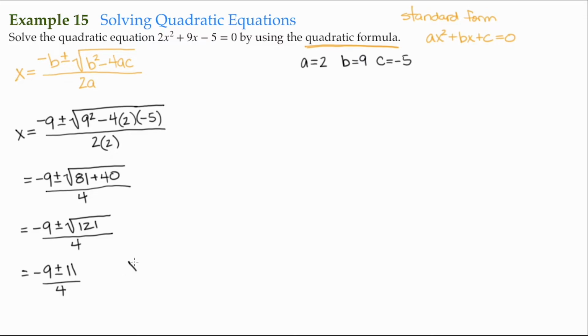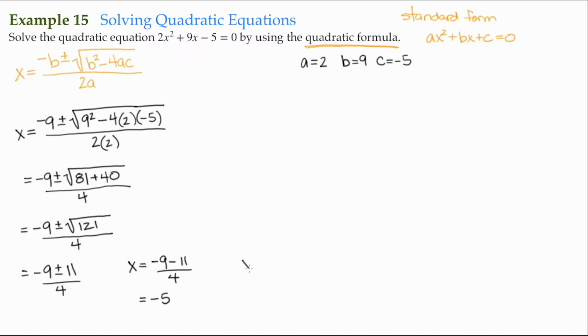So then x is equal to -9 minus 11 all over 4. -9 minus 11 is -20. And -20 divided by 4 is negative 5.